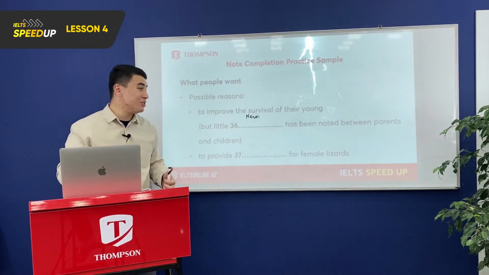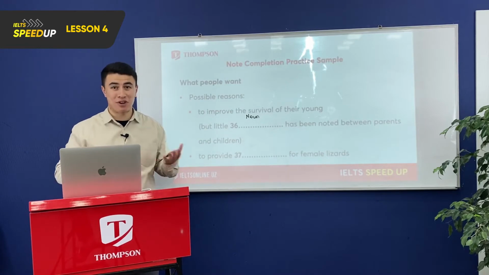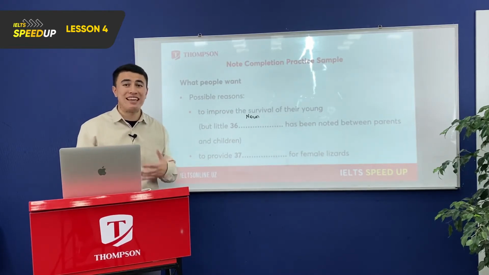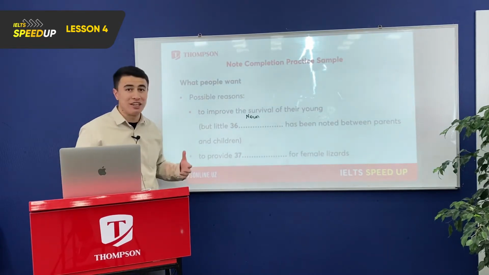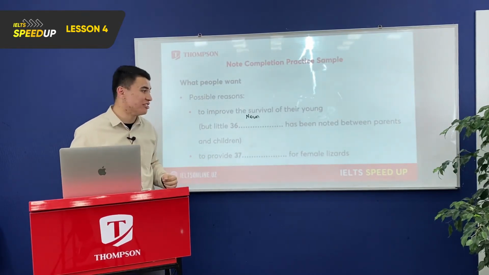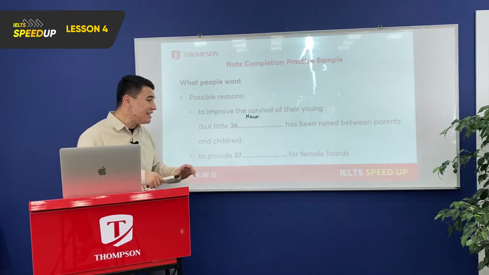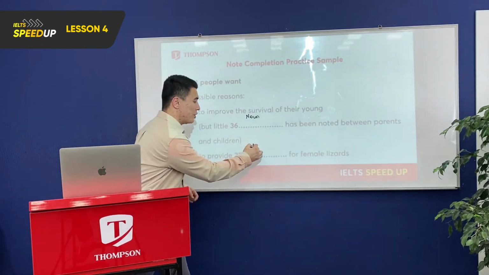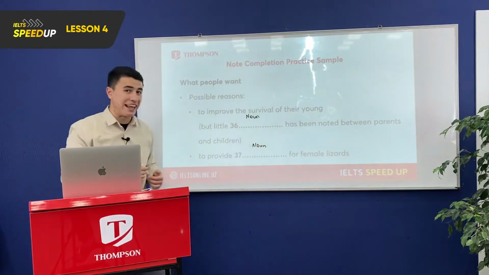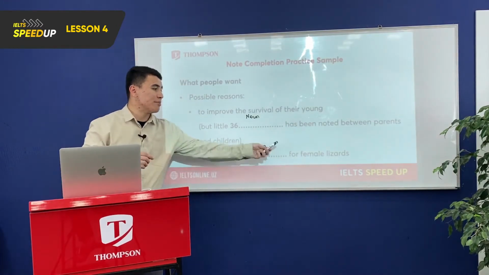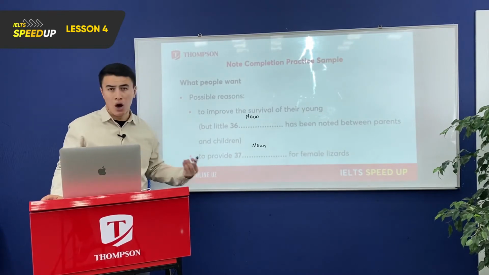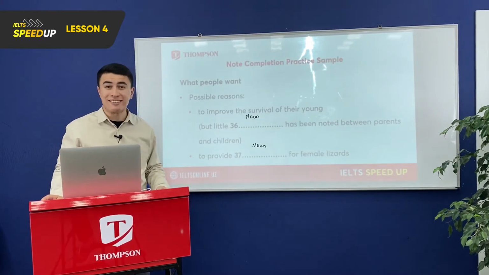So you should listen for information where the speaker mentions what they don't have between parents and children. Okay, to provide something for female lizards. So we need a noun here again. So what they provide for the female, maybe food, maybe home, or something else.